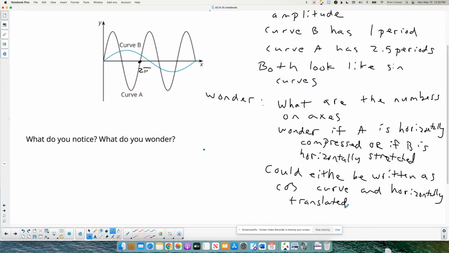For example, if this is 1 here and this is -1, and this is 2 pi. Let's just say this is 2 pi.